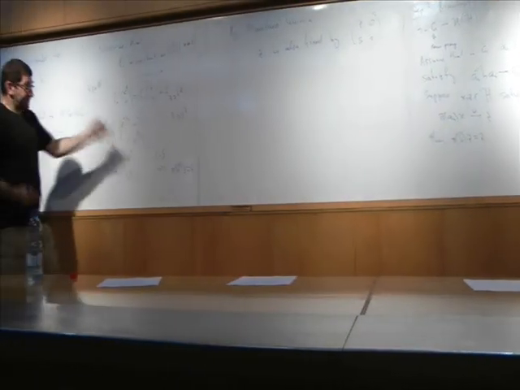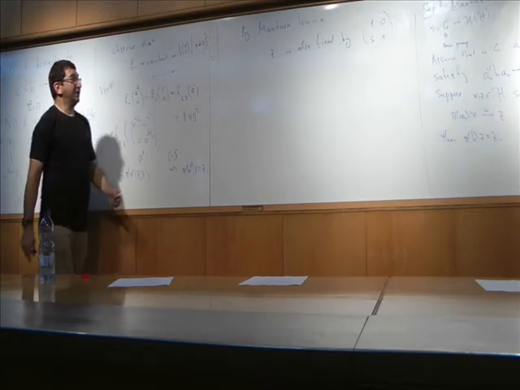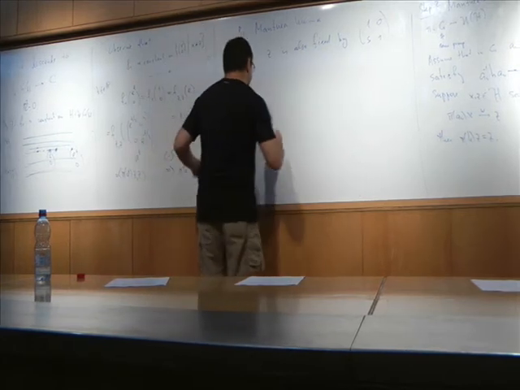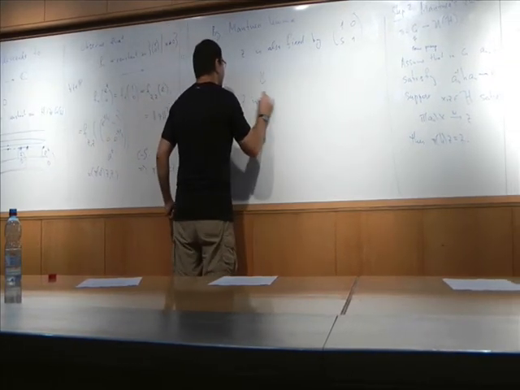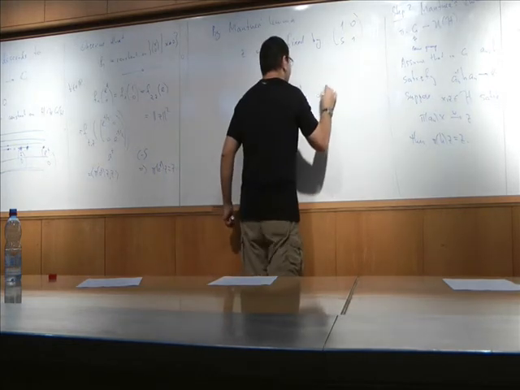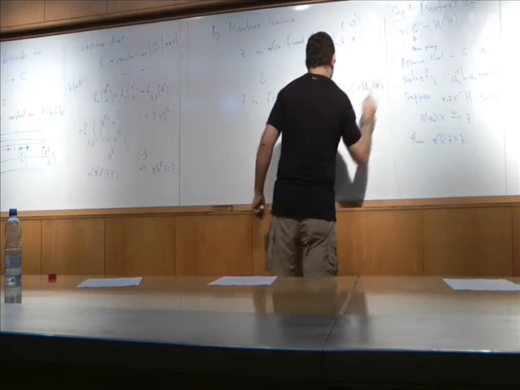And by Mautner's lemma, the same vector is going to be now fixed by this lower thing. Now, these two types of matrices generate the whole group SL2R. So Z is fixed by all of SL2R.